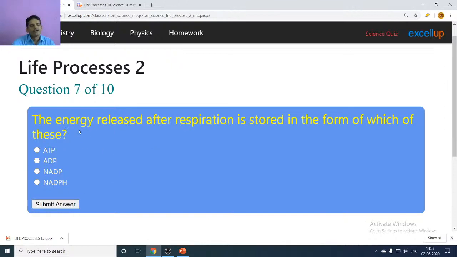Next, the energy released after respiration is stored in the form of which of these? Mostly the energy currency. What is the energy currency? ATP. When we need energy, that ATP is hydrolyzed to form ADP plus phosphate, and the energy present in that phosphate is utilized for metabolic activities.